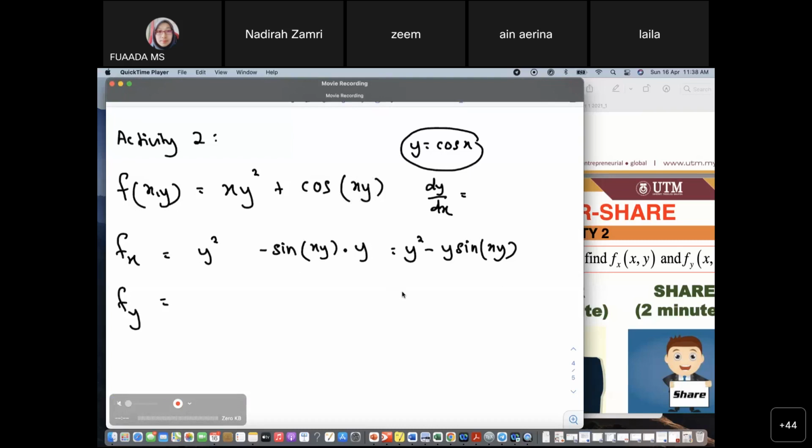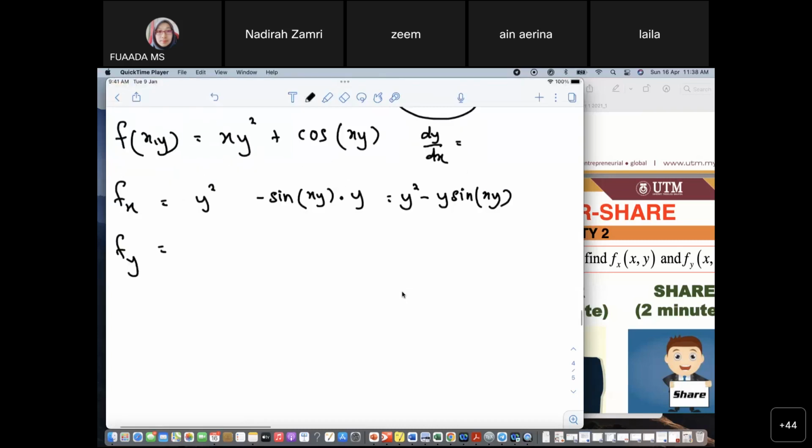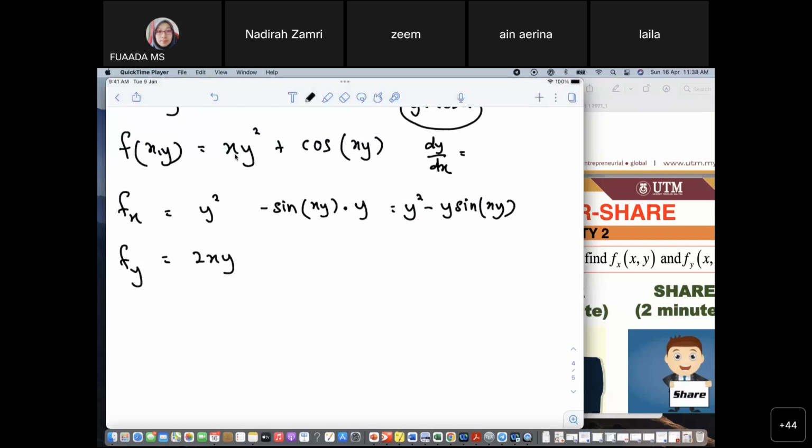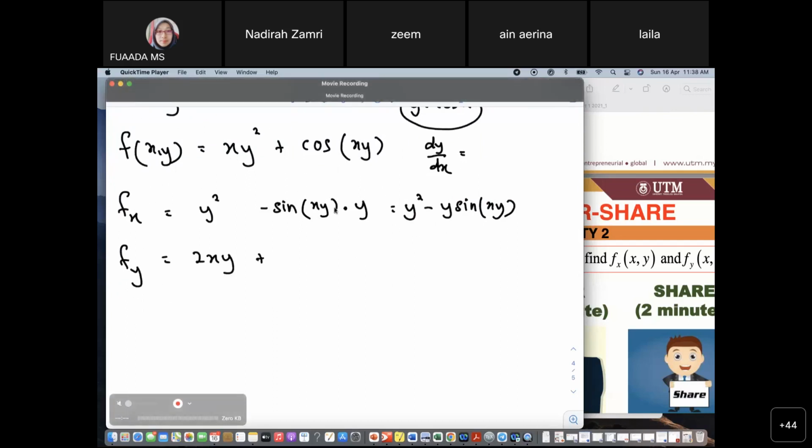Okay, terima kasih doktor. So the second one, fy. Again, we look at term by term. The first term will give you 2xy. For the second term, y is also inside the cosine function, so we apply the chain rule again.